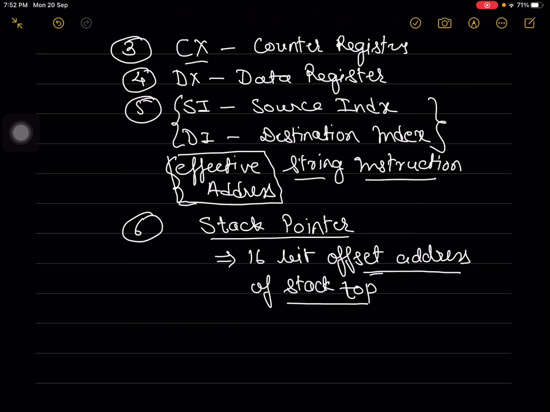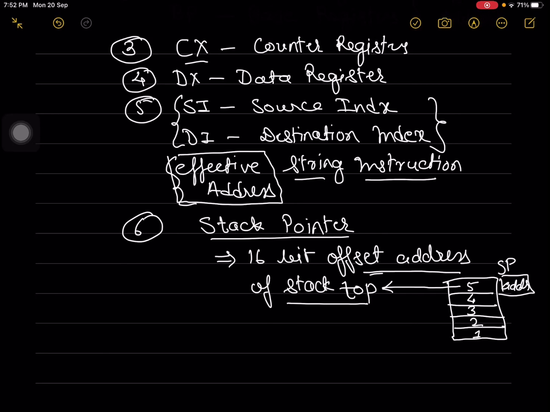So in the stack memory segment, the data is saved in the form of a stack, one above another. The first data is saved here, the second is saved above it, the third above that, the fourth above that, and likewise the topmost data is called the stack top. The address corresponding to this stack top is present in the register called the stack pointer.